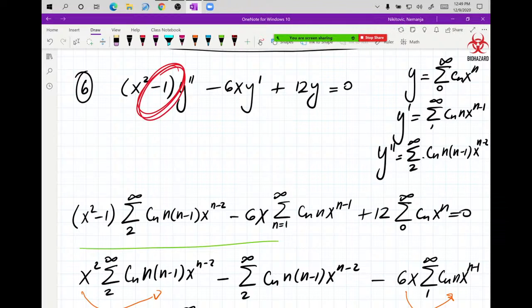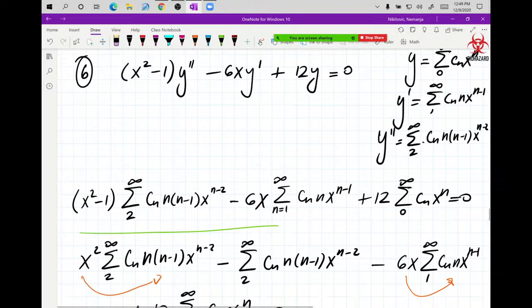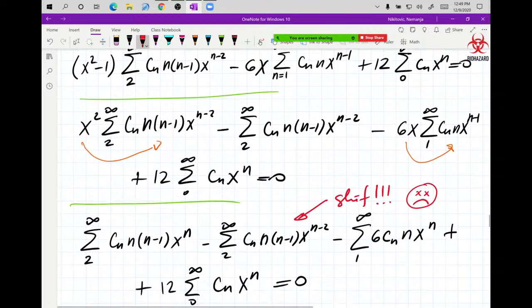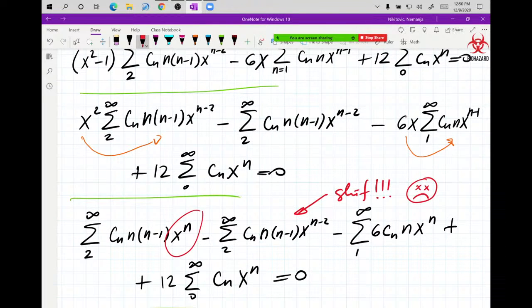We wouldn't have to do shifting, right? We could just peel and be done. But when we pull in x squared, it fixed our exponents to be xn everywhere except this one, which is why I wrote we have to shift that one to fix the exponents to match.